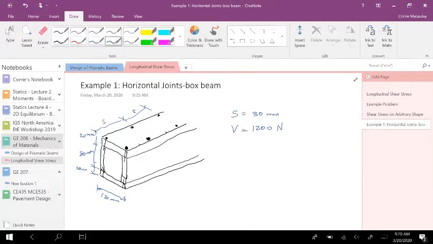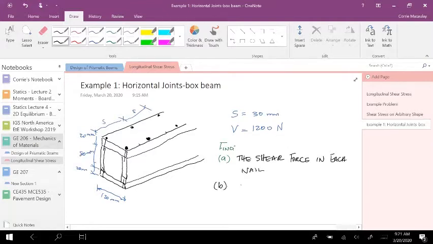And we want to find A, the shear force in each nail, and B, the maximum shear stress in the beam. All right.